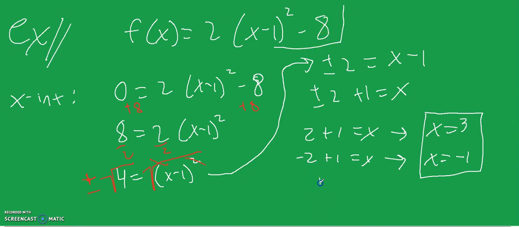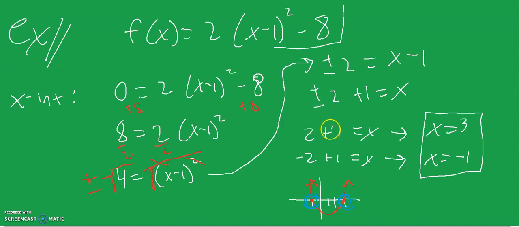On the graph, I have negative 1, 1, 2, 3. It'll look something like this. My graph crosses the x-axis at negative 1, which occurs right here, and at positive 3, which occurs right here. Okay, well that's finding x-intercepts for a parabola.